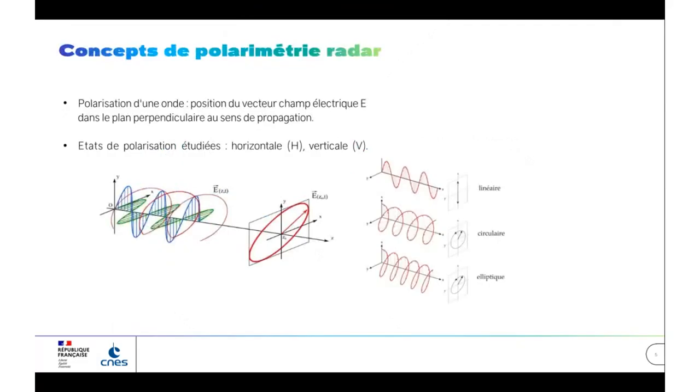We're interested in looking at the polarization of the radar signal that comes back. As you may know, a radar signal is an electromagnetic wave, and as such it's polarized. There are different types of polarizations. We usually use elliptical polarization, and it has 2 directions, the horizontal and the vertical direction.